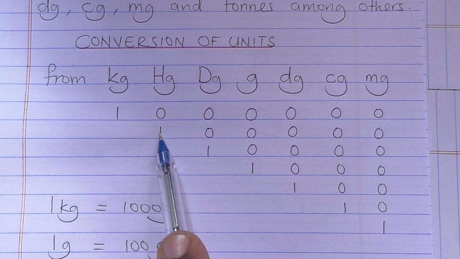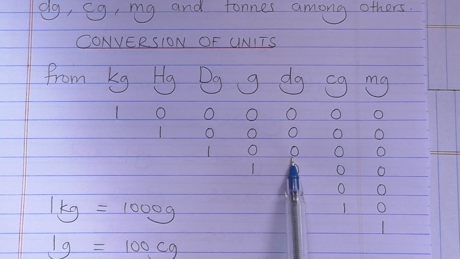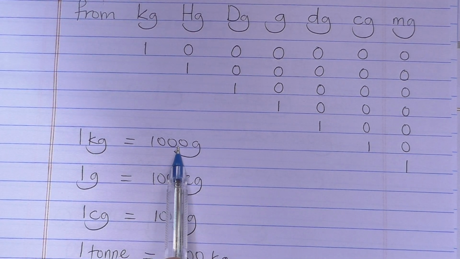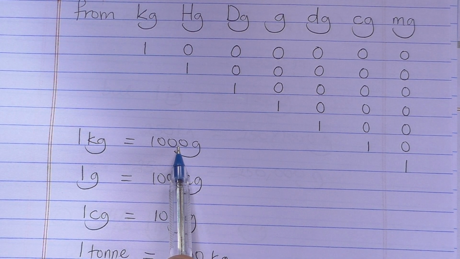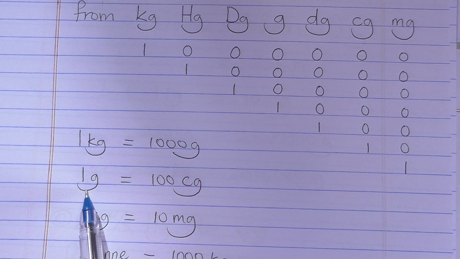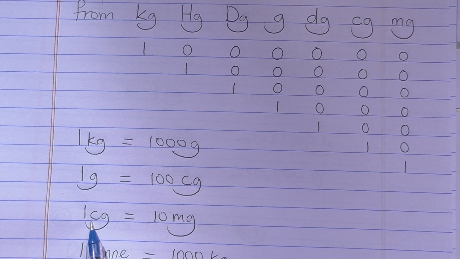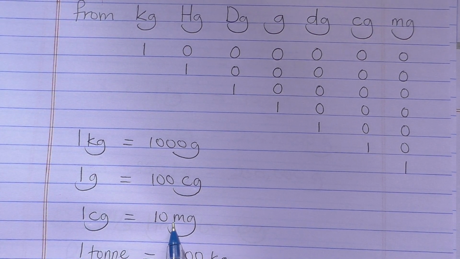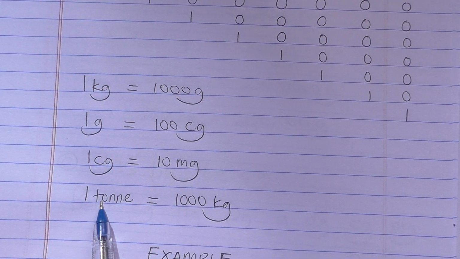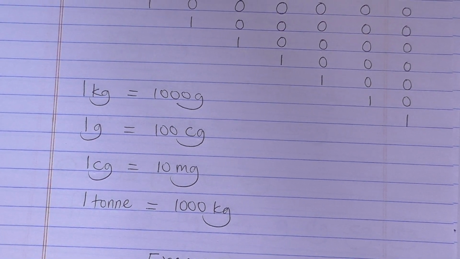And the same applies to other units. So since 1 kilogram is equivalent to 1,000 grams, and also 1 gram is equal to 100 centigrams, and 1 centigram is equal to 10 milligrams, and then 1 ton is equal to 1,000 kilograms.